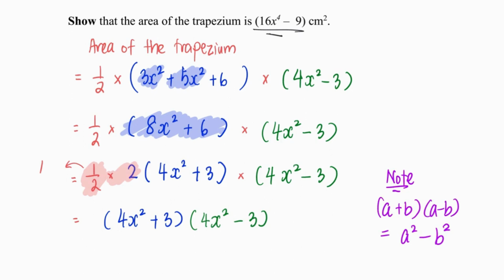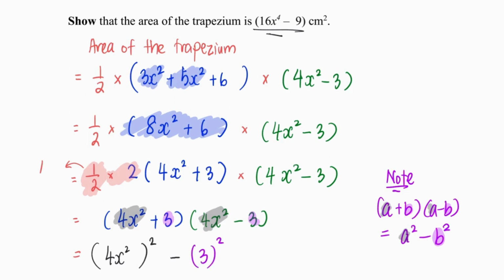And so if I were to apply it, for A I will have 4x squared. The whole 4x squared is my A. My B is my 3. So if I were to rewrite this, this will be equal to 4x squared, the whole thing, squared, minus 3 squared.